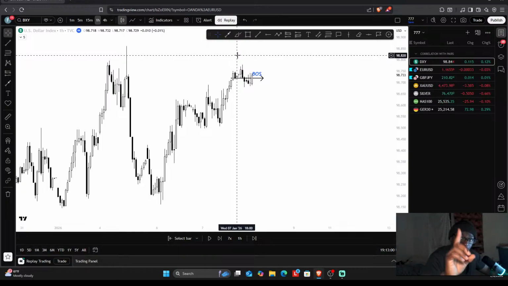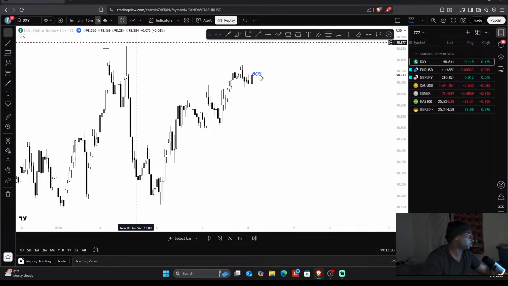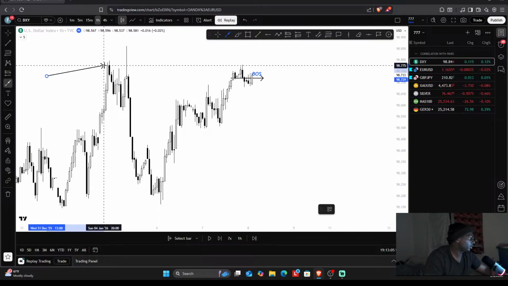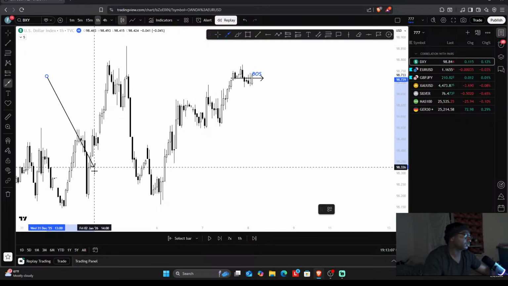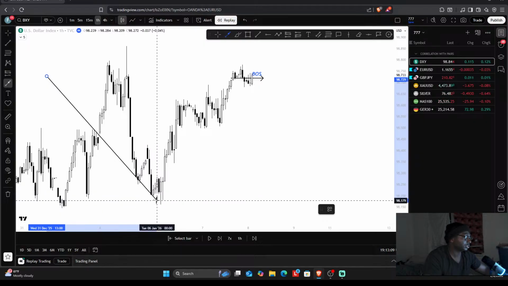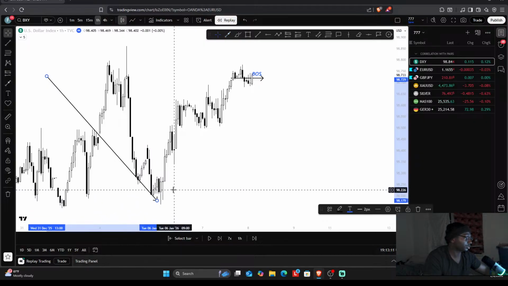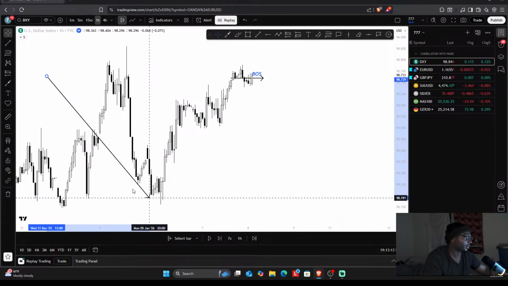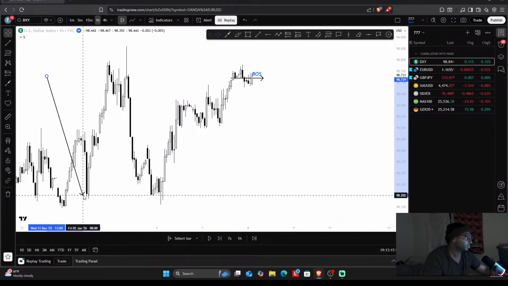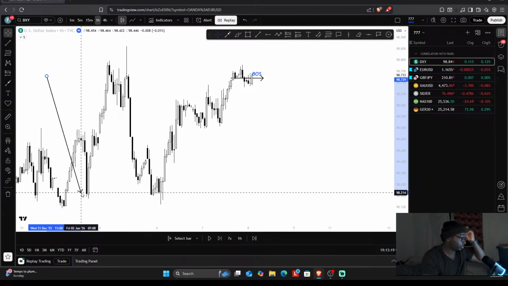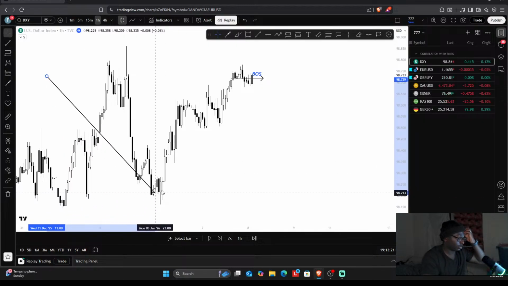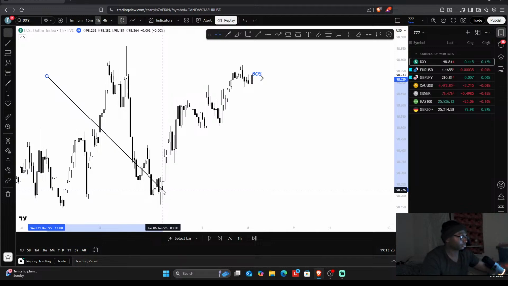So today, we're talking about structure. This is our highest point. This is our lowest point. It did break structure. Prior, this was a high. This was our lowest point currently. And then price closed below here, breaking that structure.